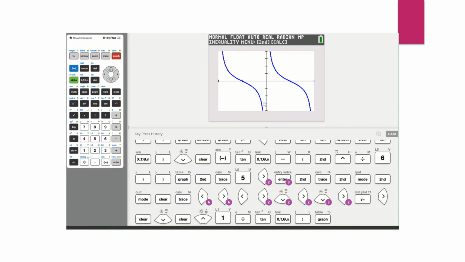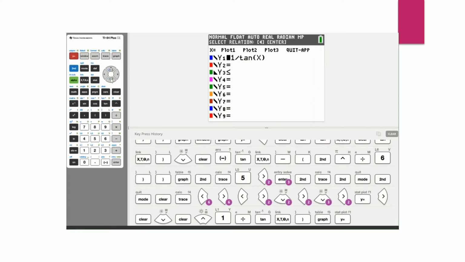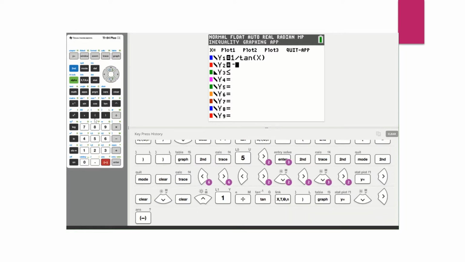Well, that's pretty cool. All right, let's graph then our transformation. And our first transformation there was negative cotangent. So I'm going to go negative, and then I'm going to put this in parentheses, 1 over, and now I'm going to use parentheses again, the tangent of 3x, and let's double close these parentheses.